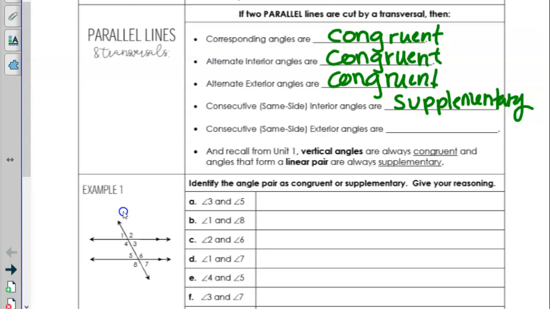How about consecutive same-side exterior angles? Would be something that's 1 and 2. It would be the same. So if we were to pick it up and put it on, you can see where the linear pairs would match up, making 180. So those are also going to be supplementary.